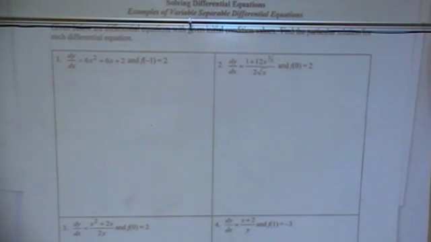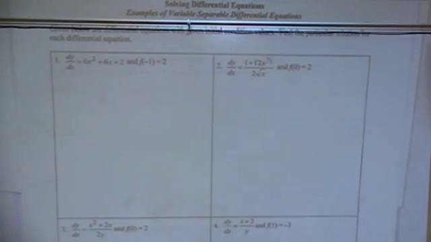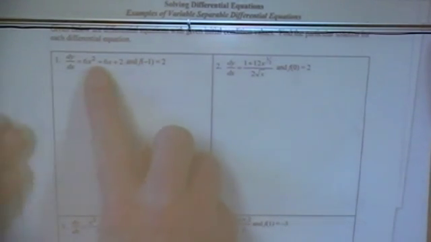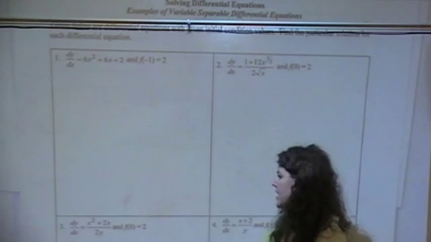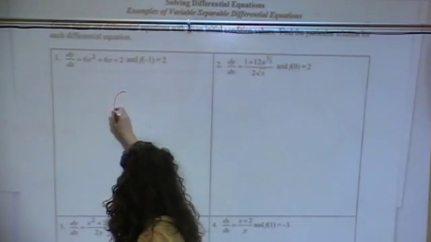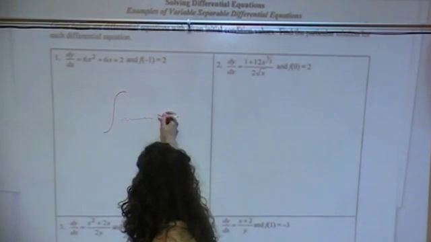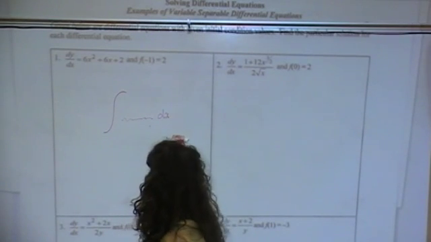We had just talked a moment ago about what we need to review, and one of the things was implicit differentiation, which is when you have y's and x's in the same function. I do not have y's and x's in this same derivative, but I will in just a minute. But I do have dy dx. Now, if you'll remember, when we take an antiderivative, it always has the integral sign and then some function, and then the letters dx.